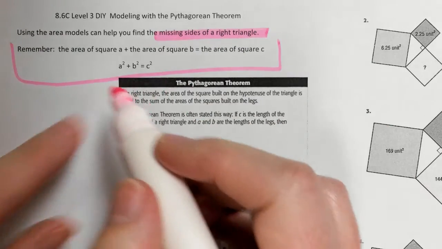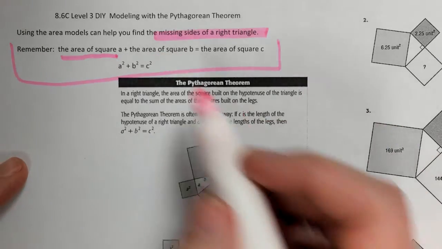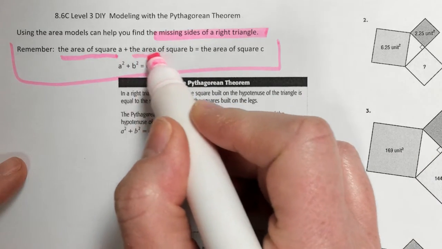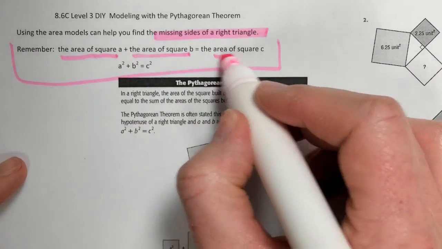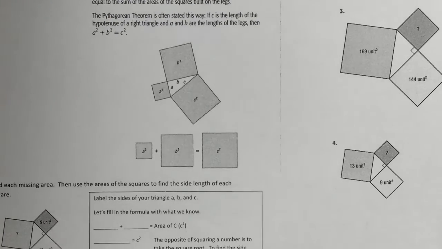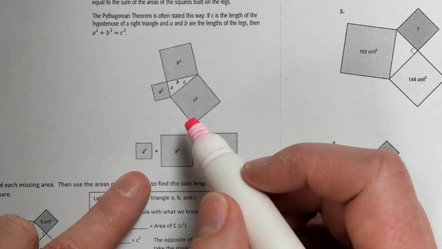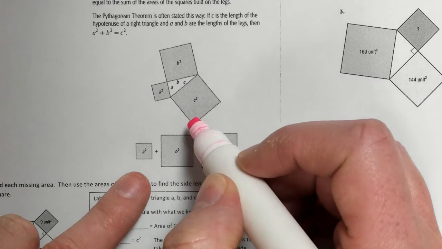And what this means is the area of square A plus the area of square B equals the area of square C. I really want you to understand why the formula is what it is. And so right here we have some triangles, some squares and a triangle.